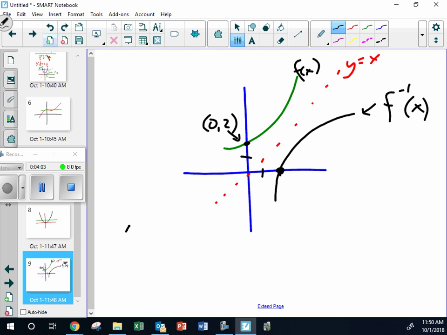If I have 5 and I have its inverse, that would be completely different than its reciprocal. Its reciprocal would be 1/5. Don't get reciprocal confused with inverse. I do it all the time. I get them confused in my head, but you've got to understand, this is not the graph of 1 over x. So reciprocals and inverses are definitely different things.